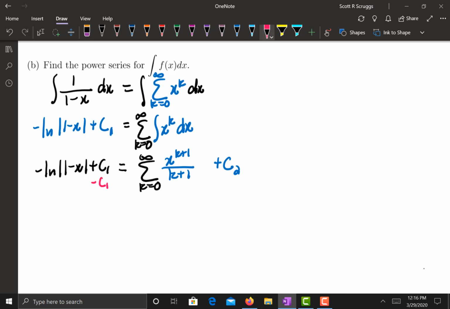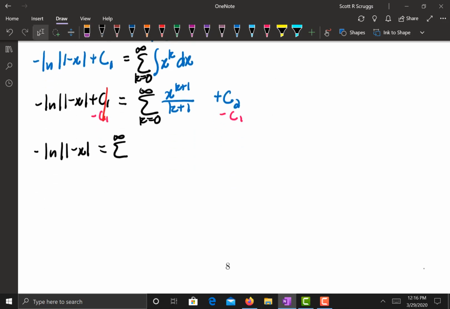If I subtract both sides by c1, I get c2 minus c1, which I'm going to now call my brand new constant. So now I have the integral of f of x, which is negative the natural log of 1 minus x, equals the sum from k equals 0 to infinity of x to the k plus 1 over k plus 1 plus c, where here c is c2 minus c1.